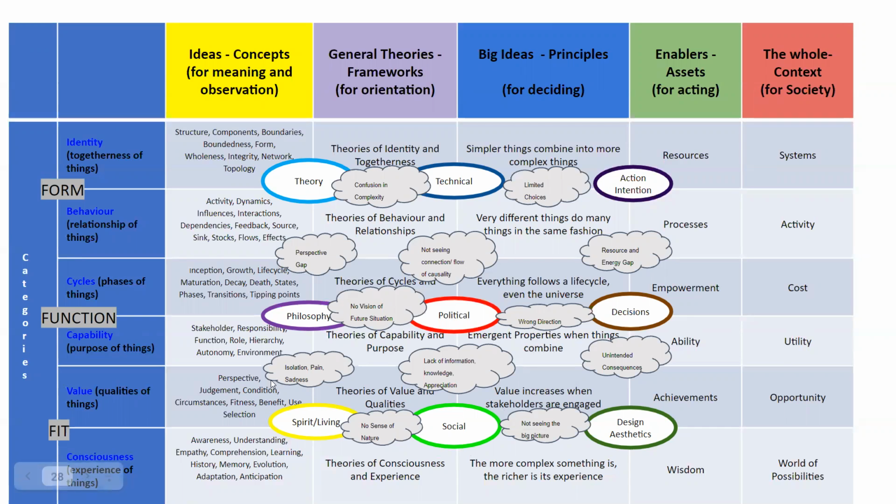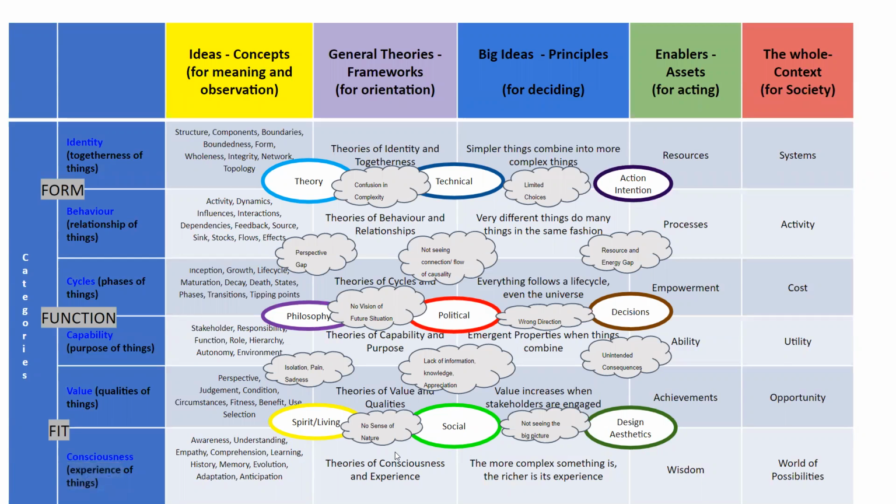And the power down this quadrant is spirit living. It's about belonging, having a sense of nature. It's that being at one with the universe. Yeah, that's down here. There's that power.